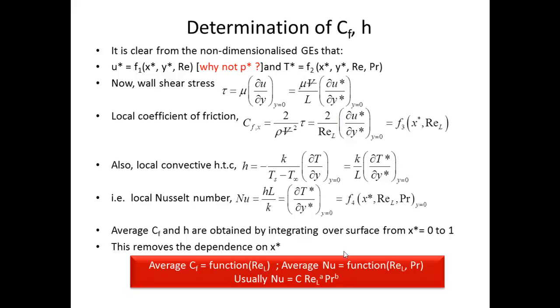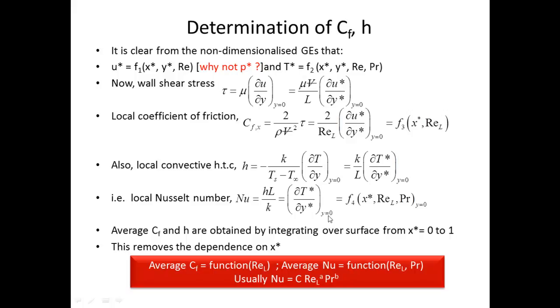So we can make use of that to write the expression of heat transfer coefficient in a non-dimensionalized manner like this. If we rearrange these terms, we can write that HL by K is dou T star by dou Y star at the wall, and HL by K is our Nusselt number. So Nusselt number becomes the non-dimensionalized temperature gradient at the wall.